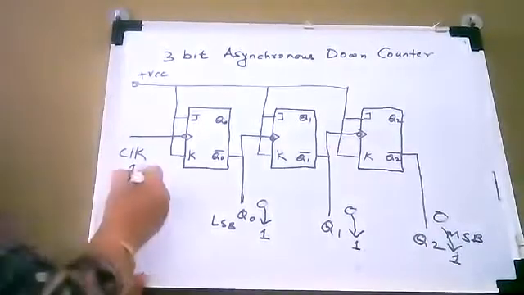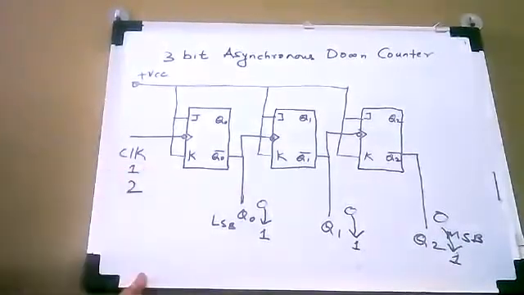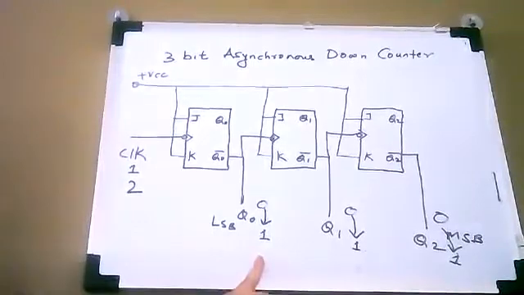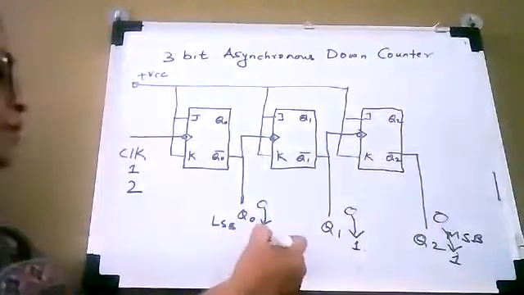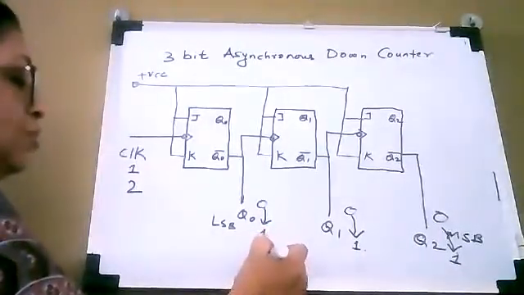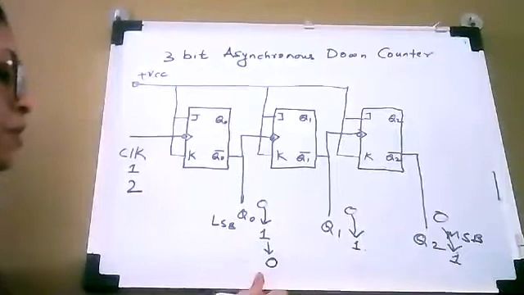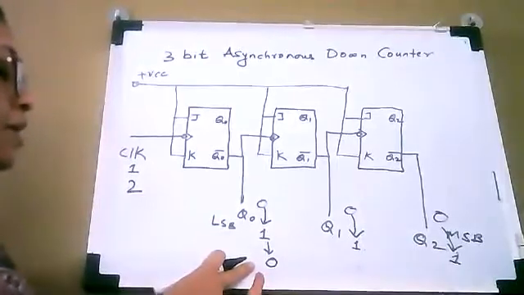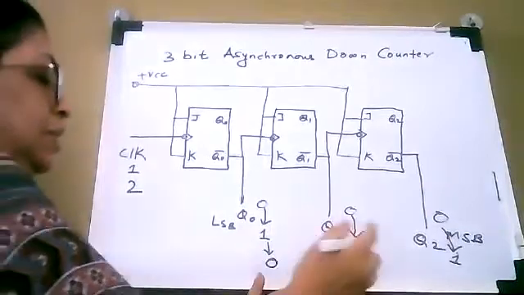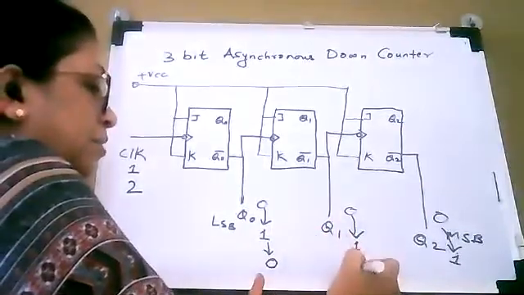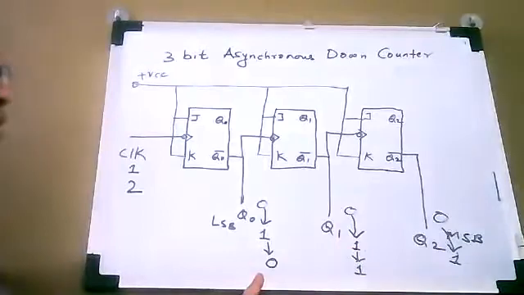Okay, so after 111, suppose if you are going to apply the second clock pulse, then this flip-flop is going to change the state from 1 to 0. And as it is making a transition from 1 to 0, the flip-flop 1 will not change its state, it will remain in the same state.